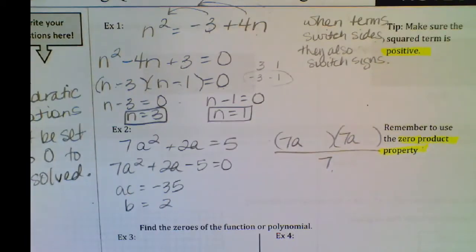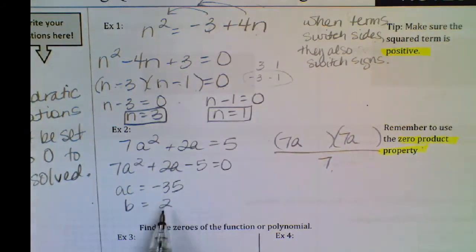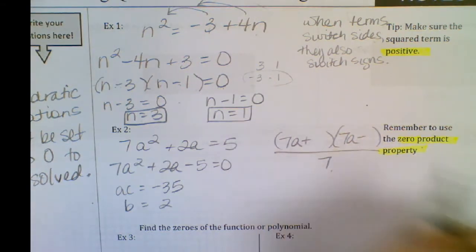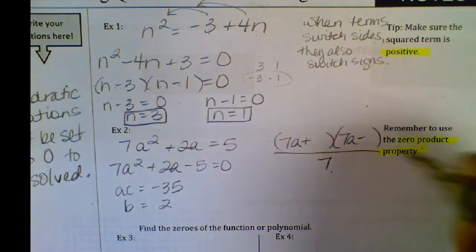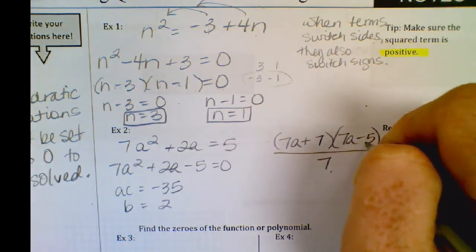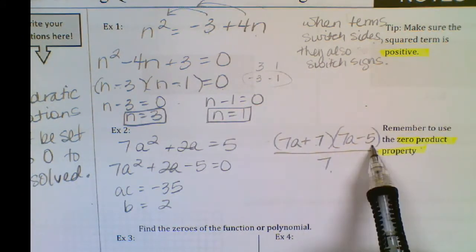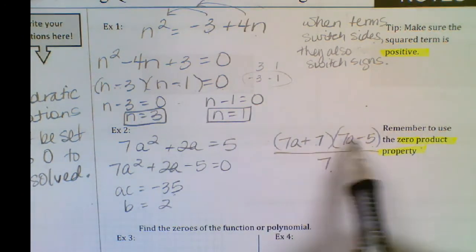So I've got to come up with two numbers that multiply to -35 that add up to 2. I know one's got to be positive and one's got to be negative. 35 is made up of 7 and 5. If I have a positive 7 and a negative 5, 7 times negative 5 is negative 35, and 7 minus 5 is 2.